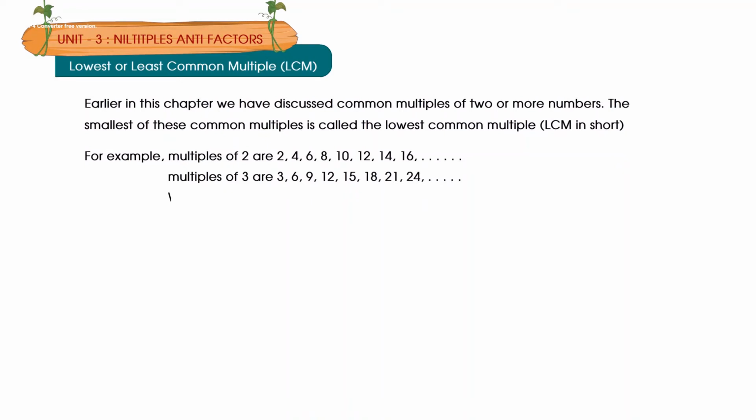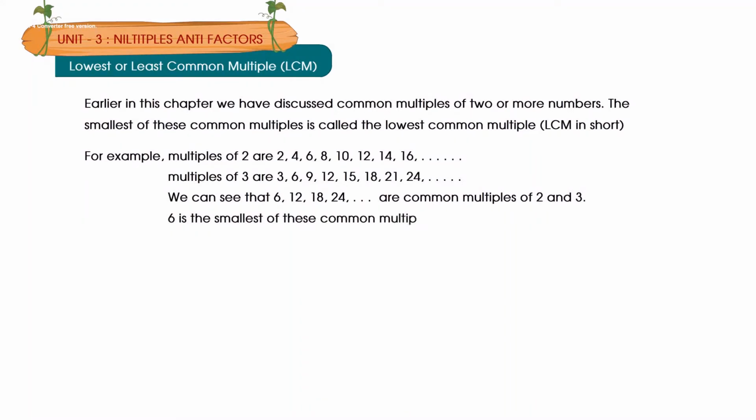We can see that 6, 12, 18, 24 and so on are common multiples of 2 and 3. 6 is the smallest of these common multiples. Therefore, the least common multiple of 2 and 3 is 6.